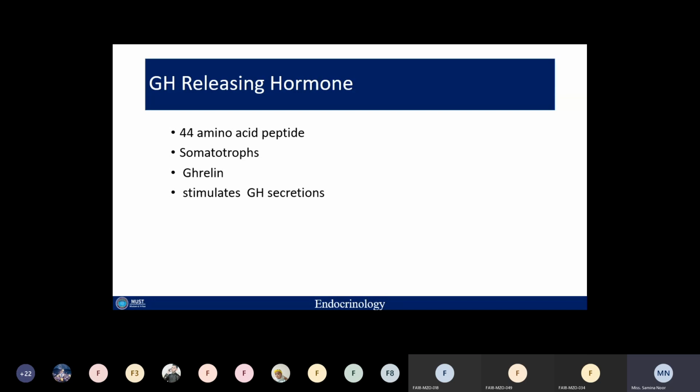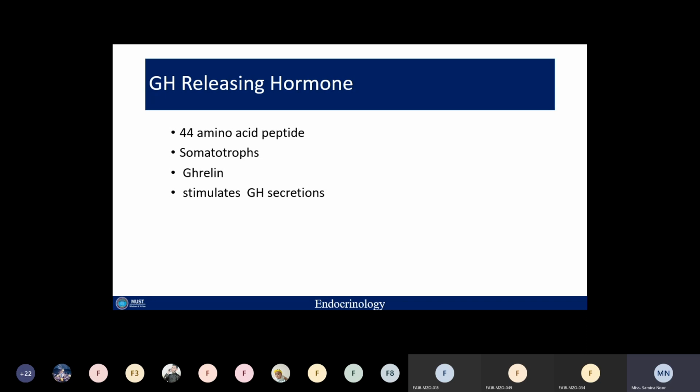Another growth hormone stimulating chemical messenger is known as ghrelin. Ghrelin consists of 29 amino acids and is mainly isolated from the stomach, and is also secreted by the small intestine and by a small set of neurons present in the hypothalamus.